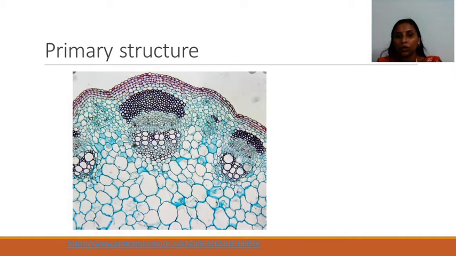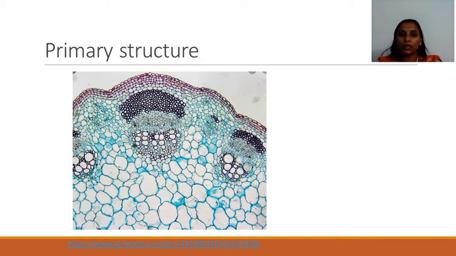That is, the outer cortex is made up of collenchyma, middle cortex is made up of sclerenchyma, and inner cortex is made up of parenchyma. The last layer of the inner cortex is known as the endodermis. Here we cannot differentiate between the inner cortex and the endodermis. In the root, we can see barrel shaped cells and can well differentiate the endodermal layer. Here it is not possible.